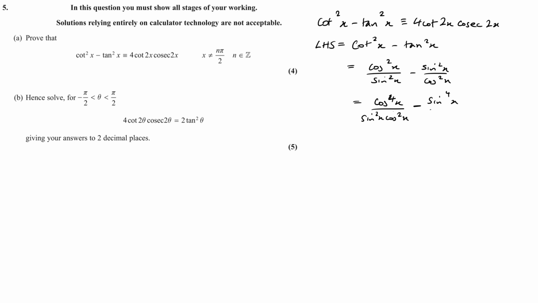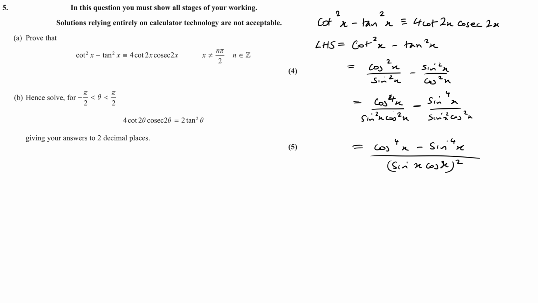Sine to the 4x. Sine squared cos squared, both x's in there. And then let's put them as one bracket, or one fraction I should say. I've got this over sine squared cos squared. So I'm just going to put that all over the one thing.